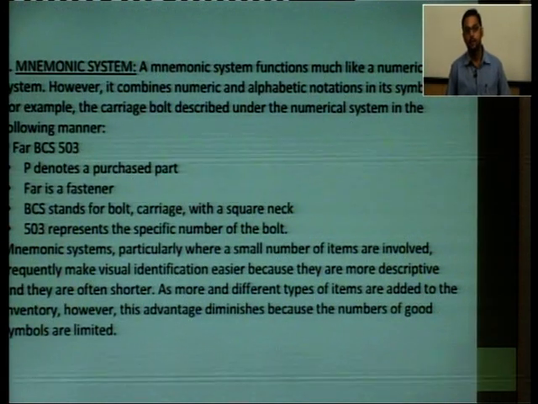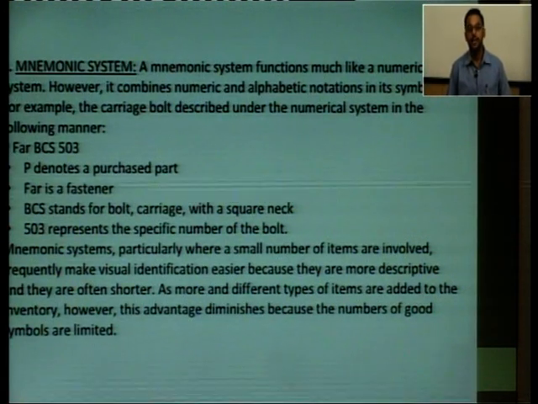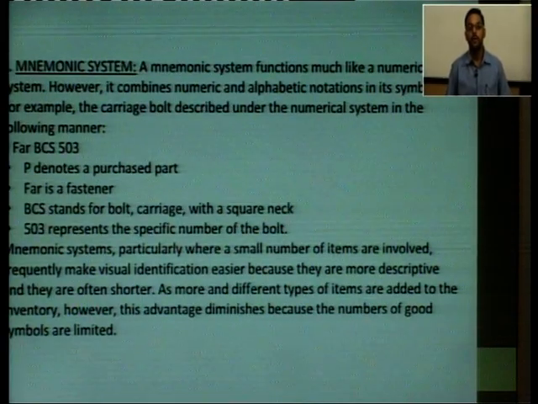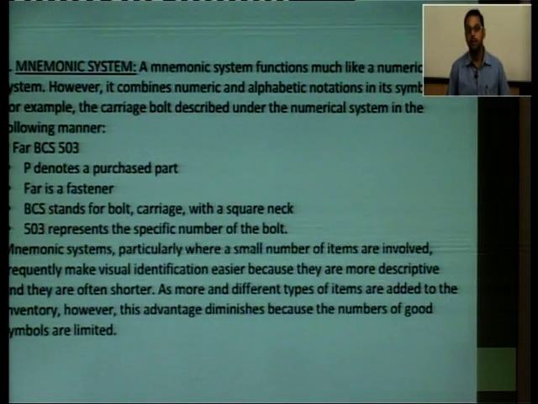Here we have just 3 digits, whereas in the last system we had 10 digits. So, it is much easier to identify it. As more different types of items are added to inventory, however, this advantage diminishes because the number of good symbols is limited.